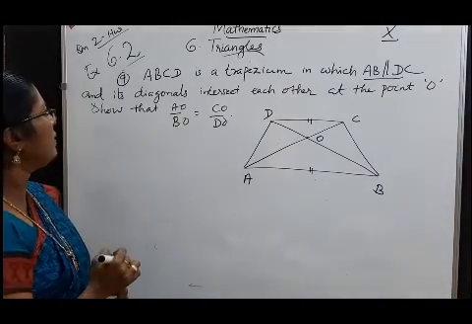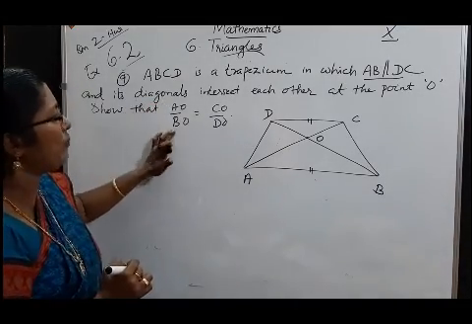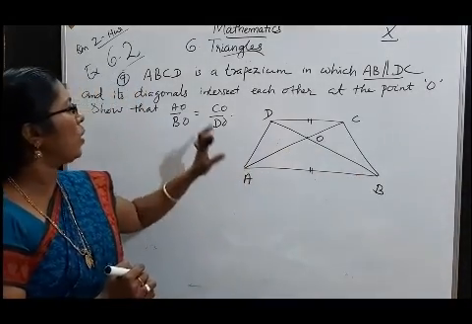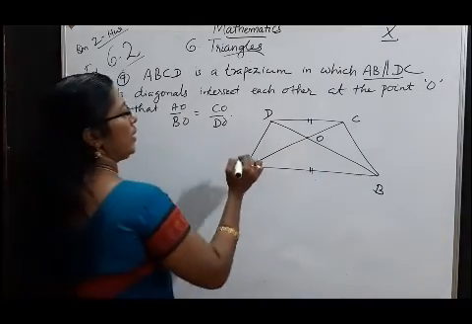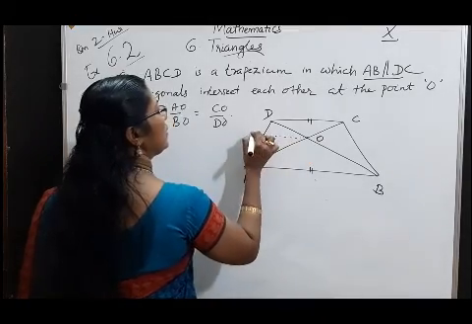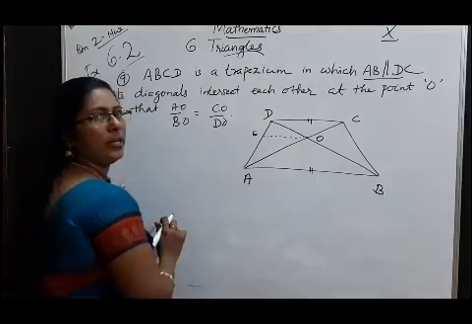That is our figure. Our aim is to prove AO by BO equal CO by DO. Here we want to construct a line OE parallel to DC and AB.